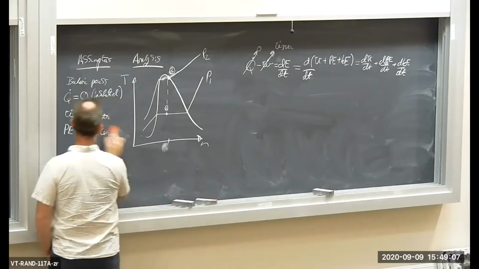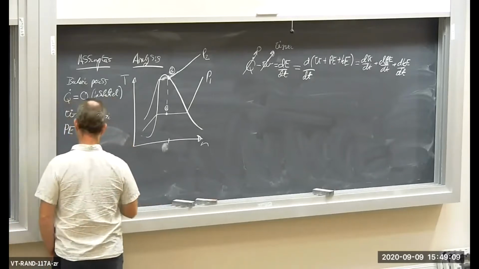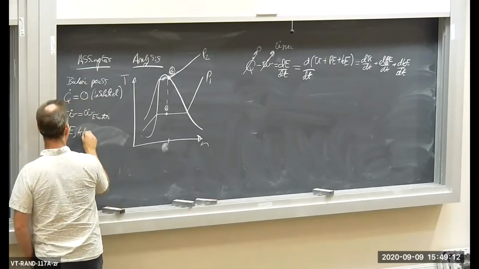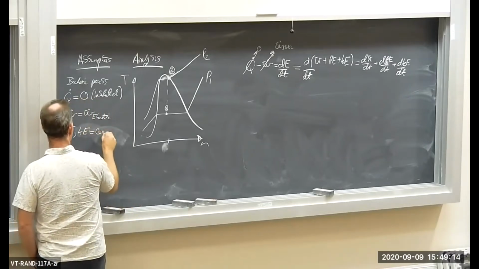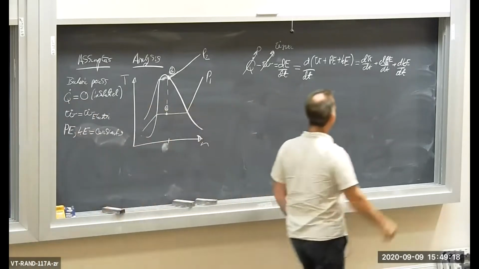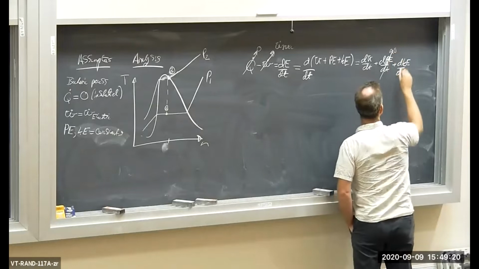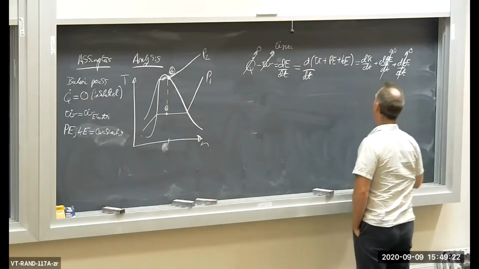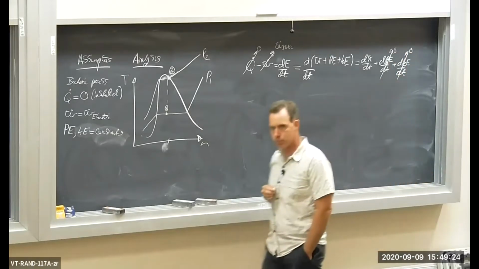PE and KE are equal to constants. Okay? That means they're not changing with time, so those terms are 0. So all I'm left with is dU dt.